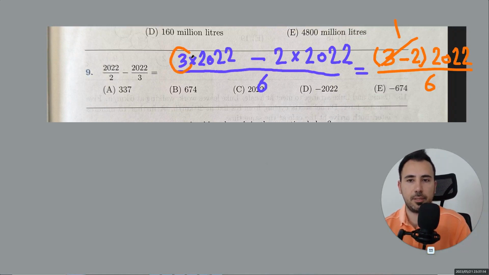You have 3 of something minus 2 of that thing, 1 of that thing. So 2022 divided by 6 is the same as 1011 divided by 3. As you see, the only one is going to be 300 and something. It's hard to calculate, so I'm just going to choose this one.